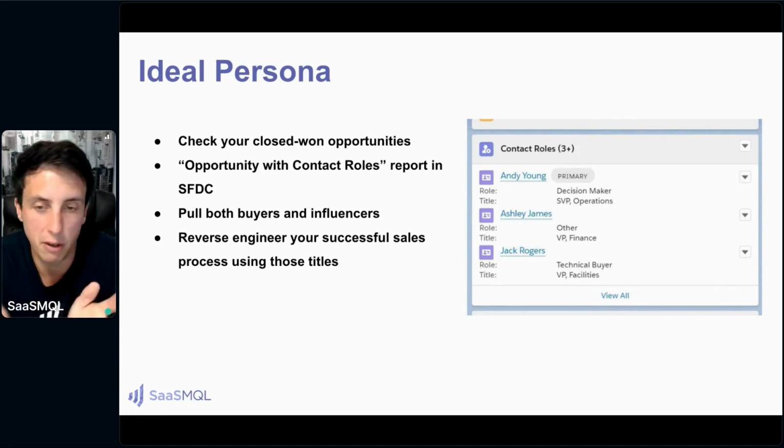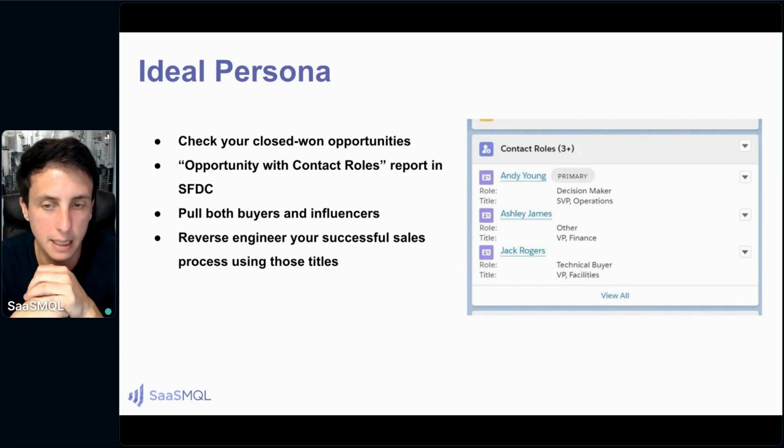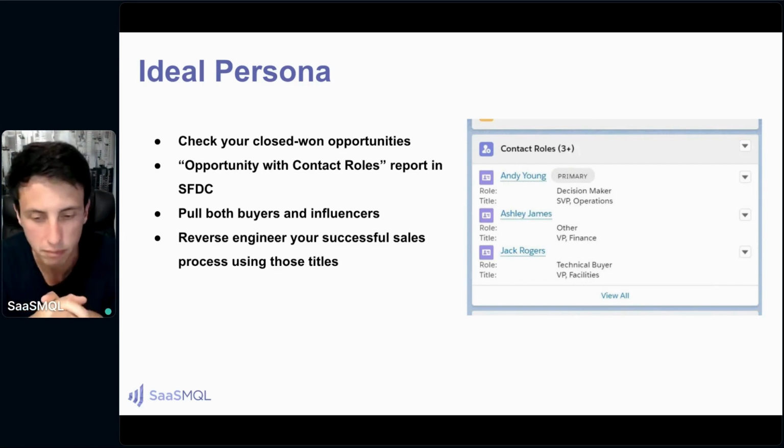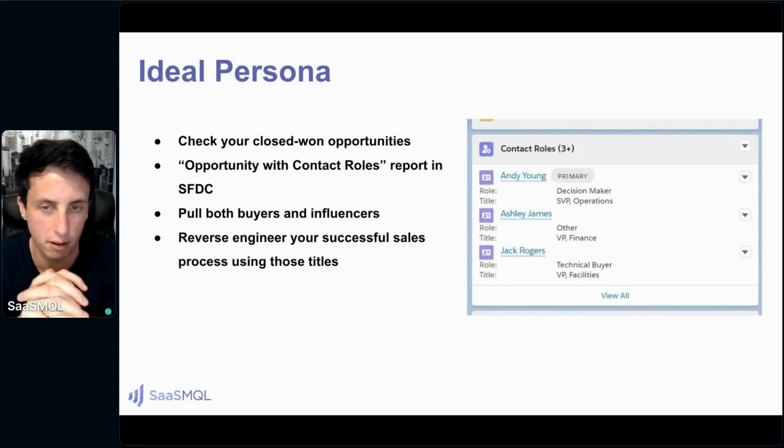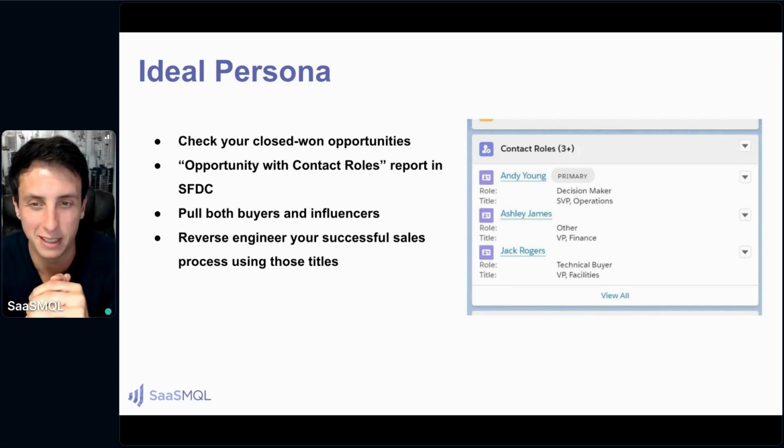And you can even open it up to the current opportunities and just get the whole list of titles, because 90% of the time I see that the titles are very different from what I hear from even the sales team. Many times they say we only target VPs and C level of engineering, and then I look at their closed won opportunities. None of those roles were involved at the beginning.